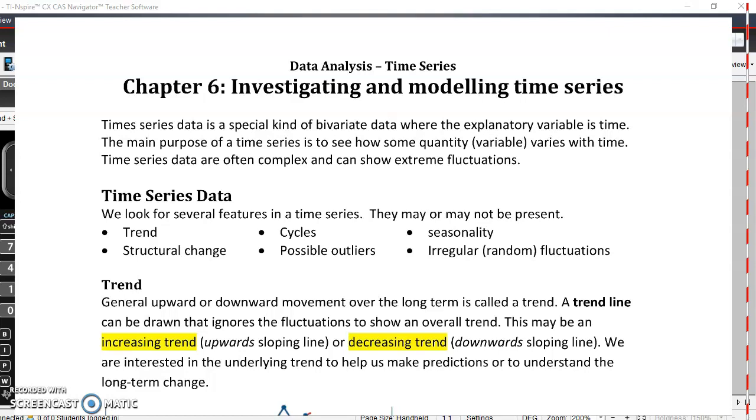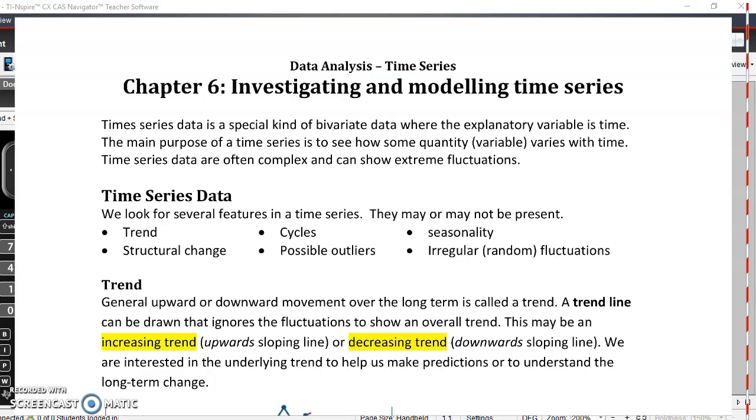Sales at a shop might be extremely different depending on what day it is. Takeaway shops might be far busier on Friday, Saturday and Sunday than on a Tuesday or Wednesday. That's what we're talking about when we talk about fluctuations. These are the extreme changes.